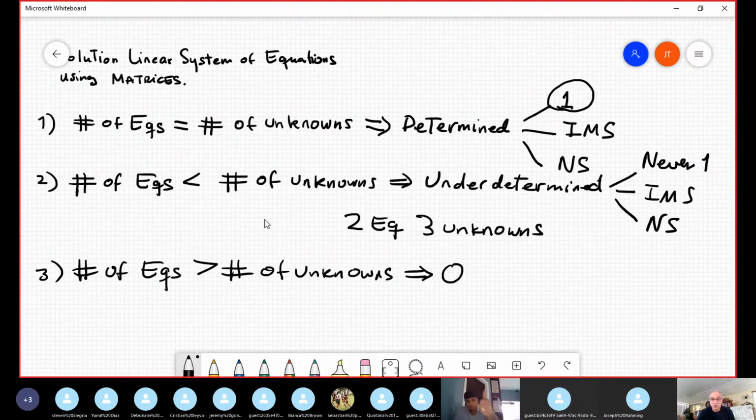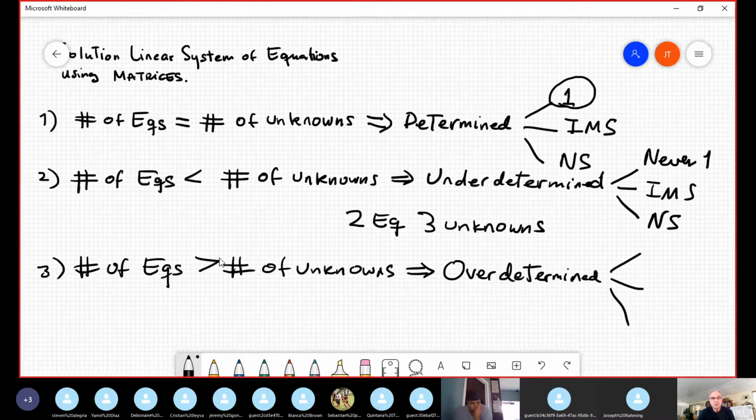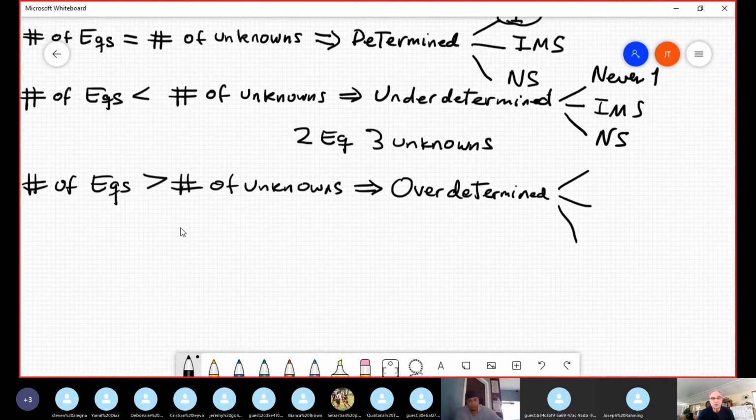So this is called over-determined. To understand this situation, suppose we have 4 equations and just 2 unknowns, to understand much better the geometric interpretation.